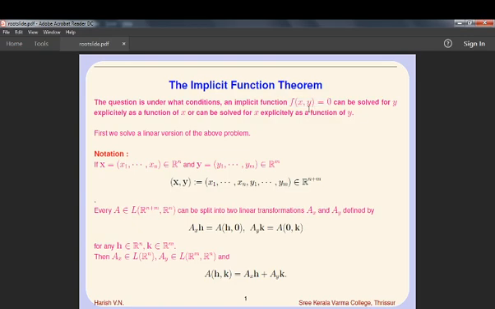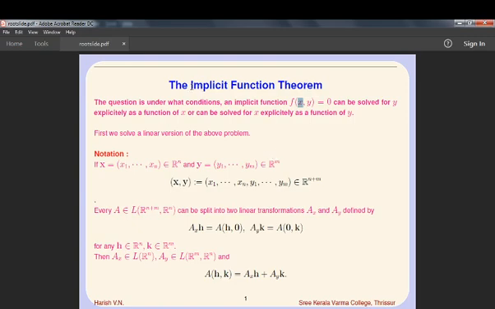So the question is, under what conditions an implicit function f of x, y equal to 0 can be solved for y in terms of x? That is the question.